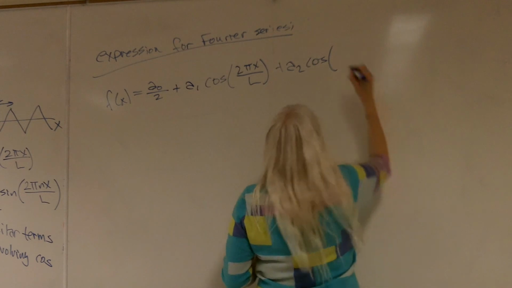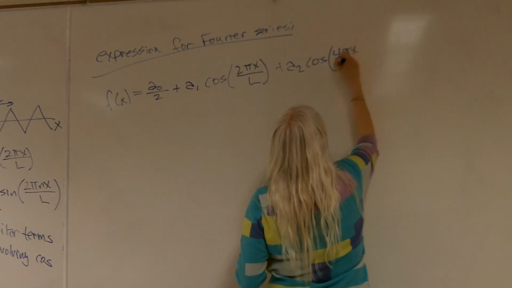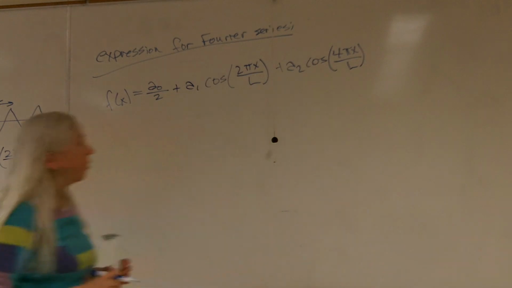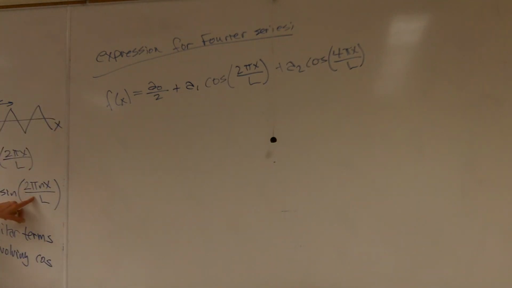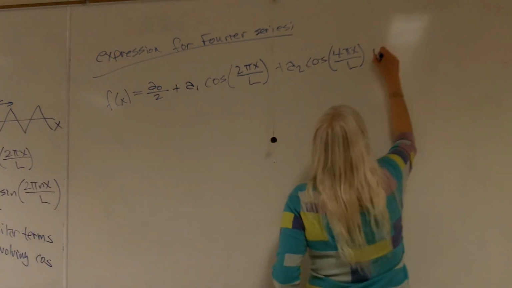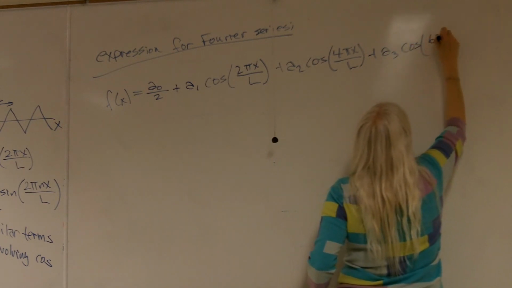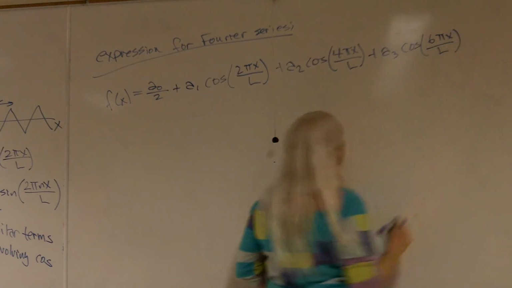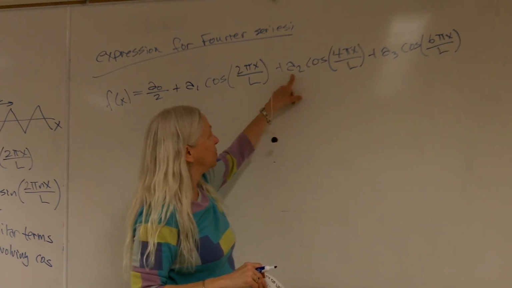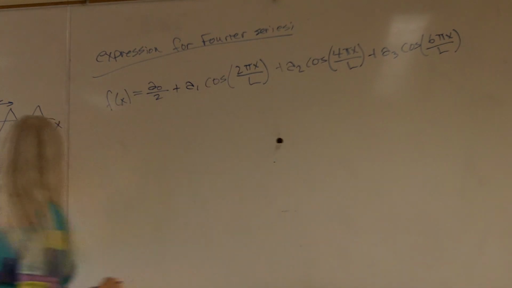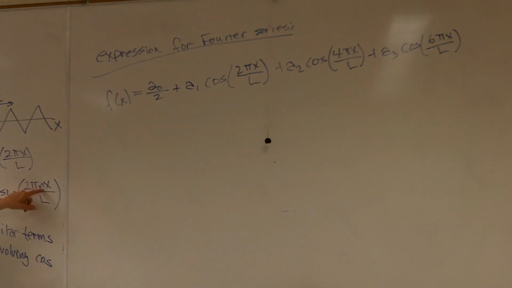And an amplitude of A1. Another cosine term that has an argument of 4 pi x over L. That looks like an example, except that it has cosine instead of sine, of a term like this where n is equal to 2. There could also be a similar term when n equals 3, a cosine of 6 pi x over L. Notice in front of each term I put a coefficient, an amplitude multiplying that term, which is a sub n, where n is whatever integer appears there.